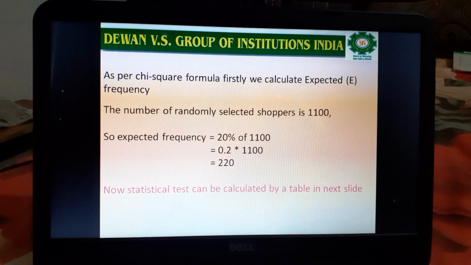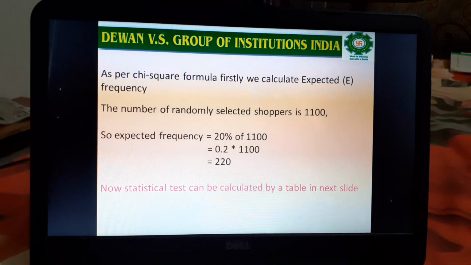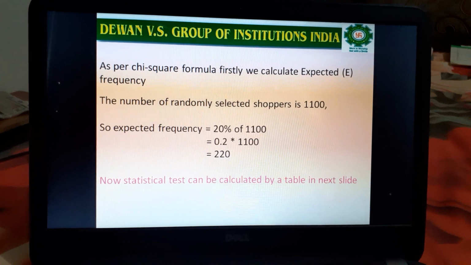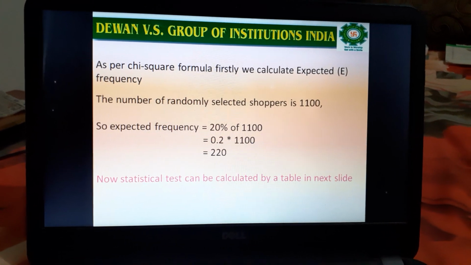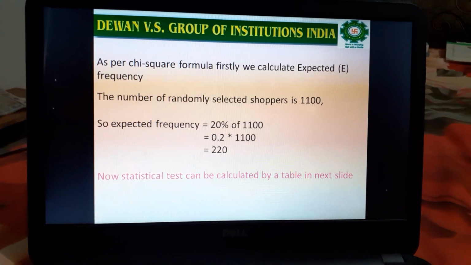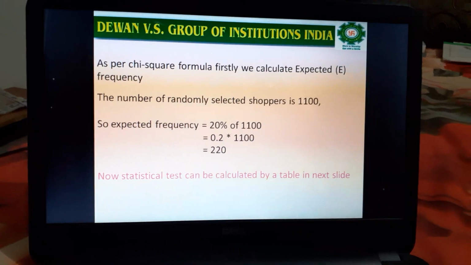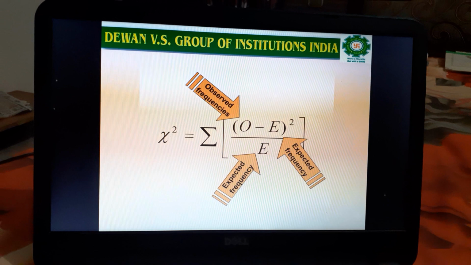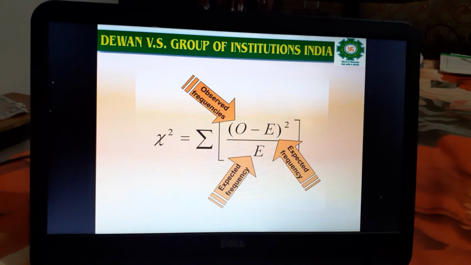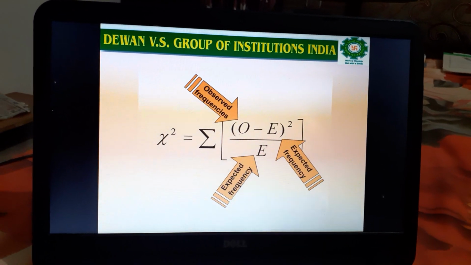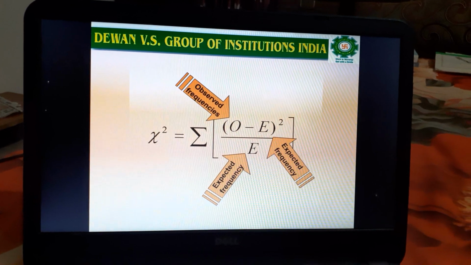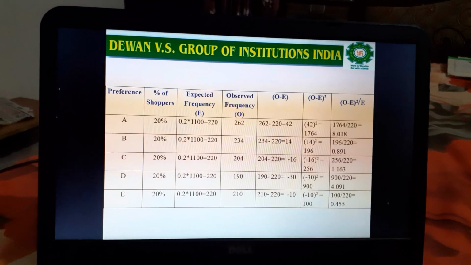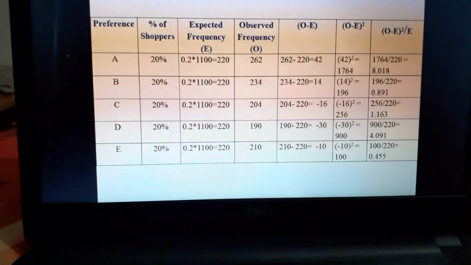The number of randomly selected shoppers is 1100, so the expected frequency is equal to 20% of 1100, which means 220. Now coming to the tabular form. The chi-square formula is equal to the summation of observed frequency minus expected frequency, the whole squared, divided by expected frequency.